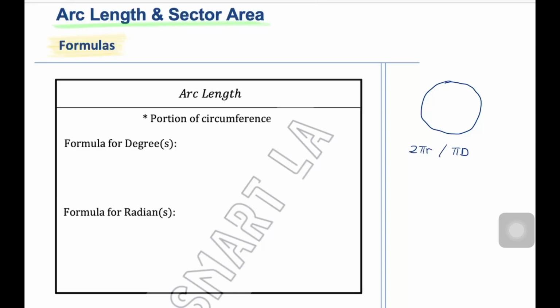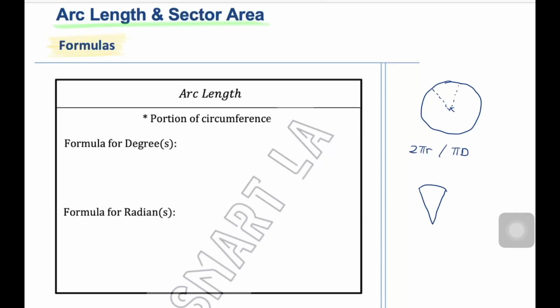So imagine I'm doing a cut, and this is the center of the circle. I'm doing a cut, and you will notice this is like a pizza slice, a slice of a pizza. So let's say now I have this slice of the pizza.